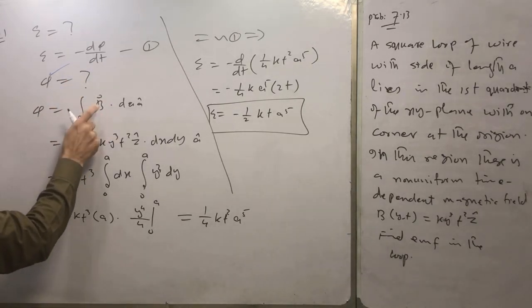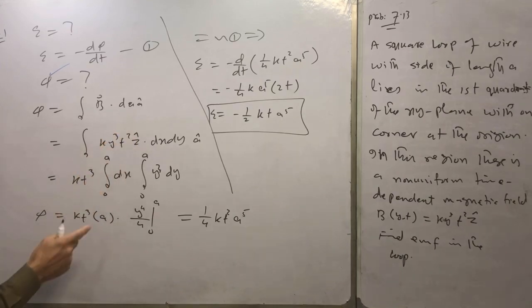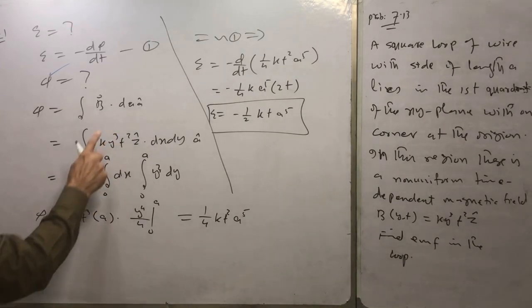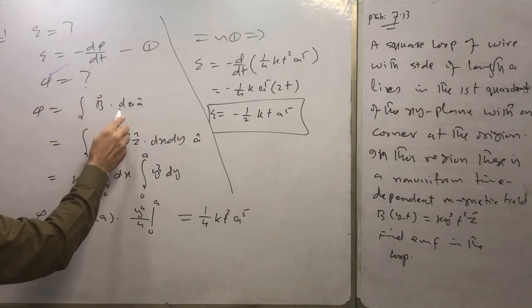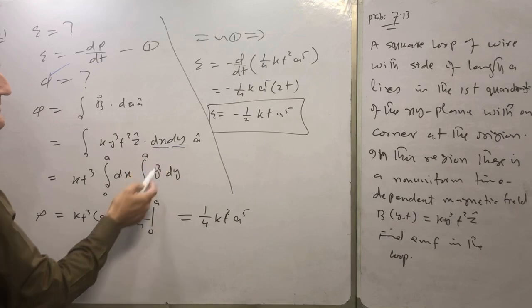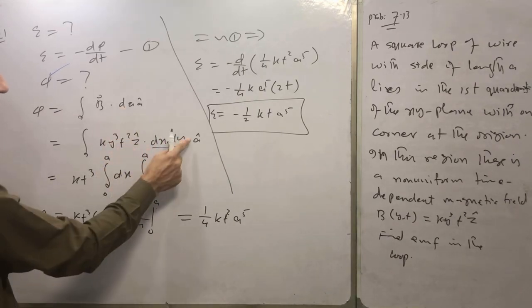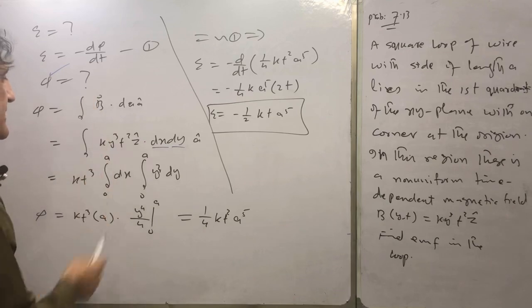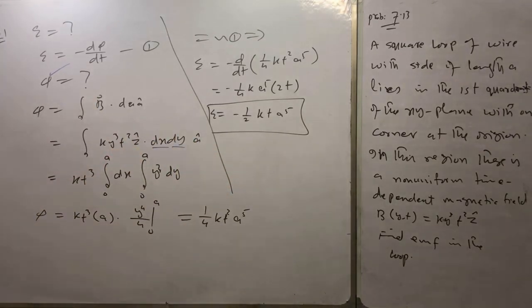Then we have the magnetic field k y cube t square, with z as the direction of this magnetic field, and for area we have the xy plane. Then length into width, dx and dy. So this becomes an area, and the direction of this area is z. Then z dot z is equal to 1.